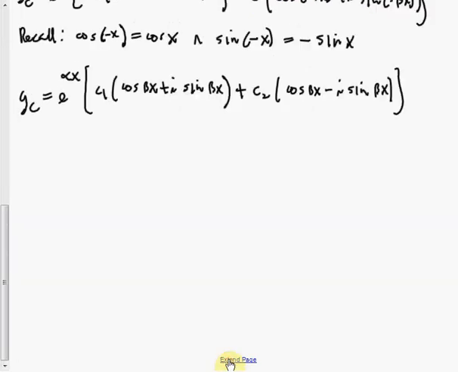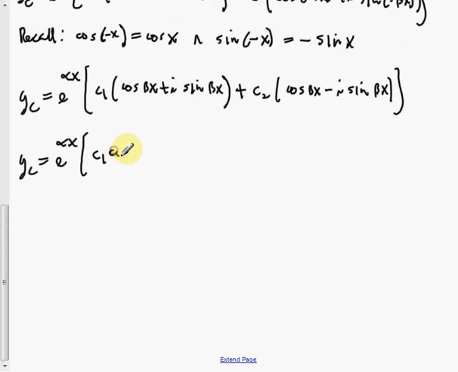All right. Now I'm going to do some grouping. I'm going to group the cosines together, then I'm going to group the sines together. So y sub c, I will not skip a step. I'm just going to run the c sub 1 through the parentheses, then run the c sub 2 through that set of parentheses. Then after that, I'm going to group.